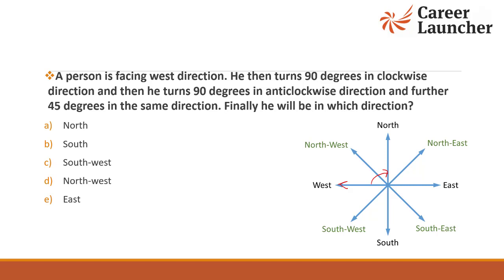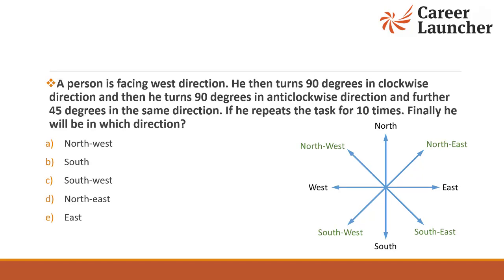He is then turning 90 degrees in the anti-clockwise. That means he would again come back to the west, and further 45 degrees in the anti-clockwise direction. So he would now be facing southwest. Our answer here should be southwest.